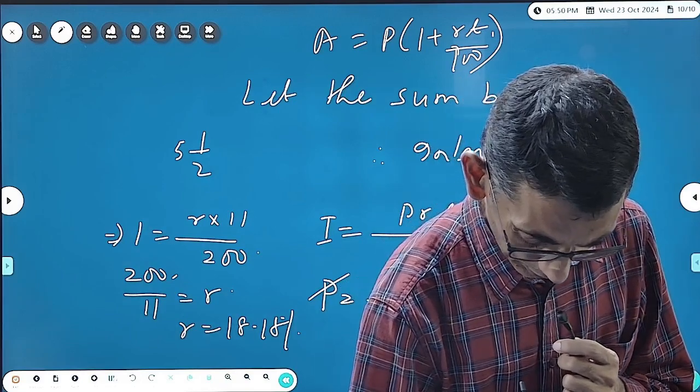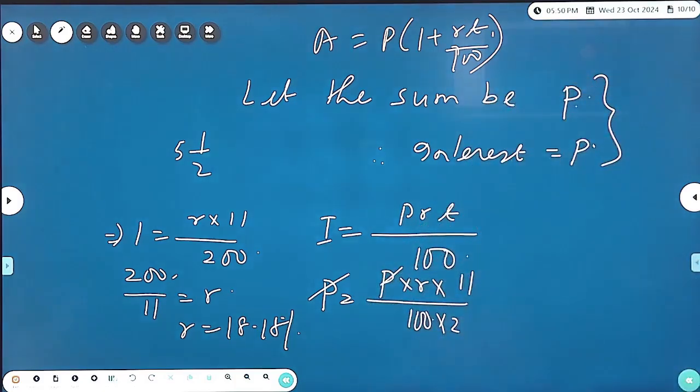Next, now we will do compound interest questions. Find the compound interest. This is page number 27.